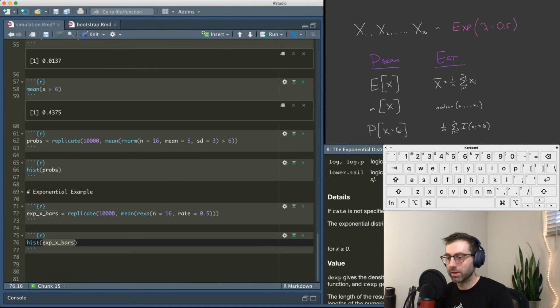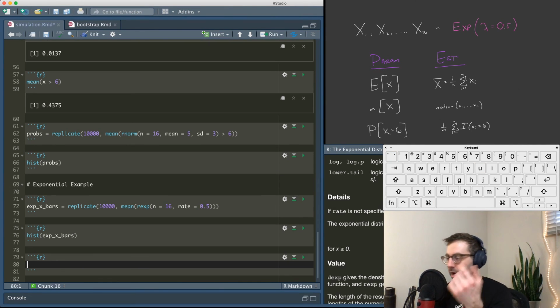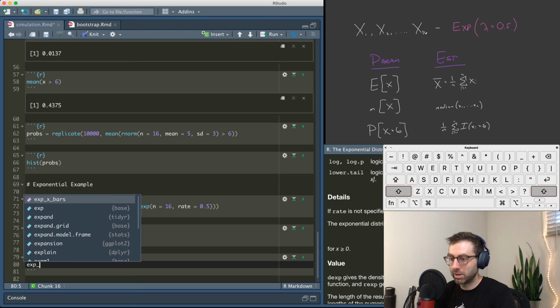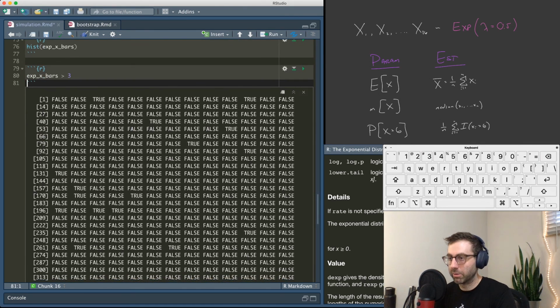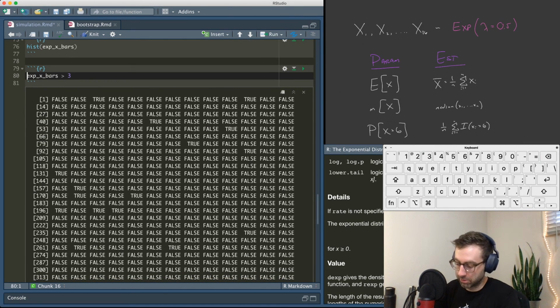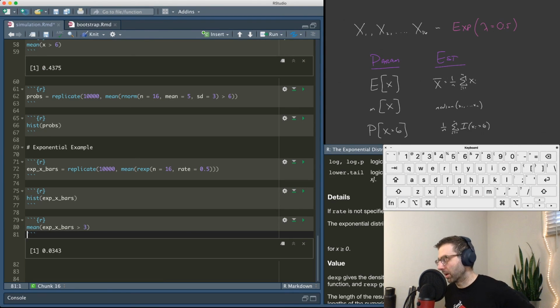If we wanted to ask, what's the probability that the sample mean is greater than, let's say, 3, we would do exp x bars bigger than 3, and then find the proportion of those where that's true. So there we go.